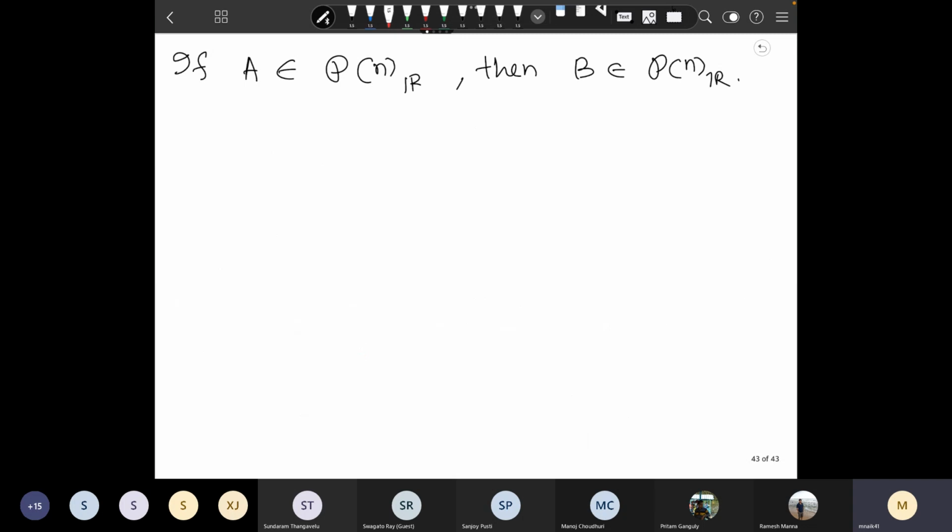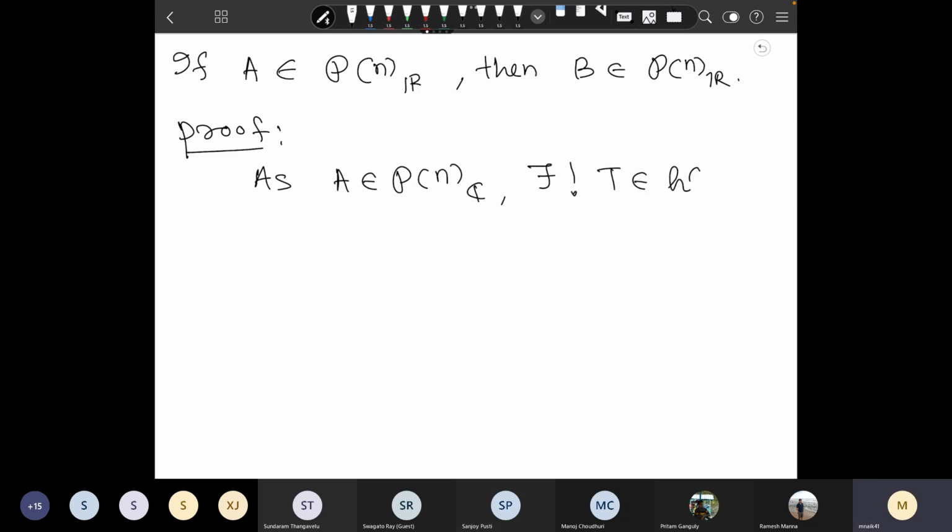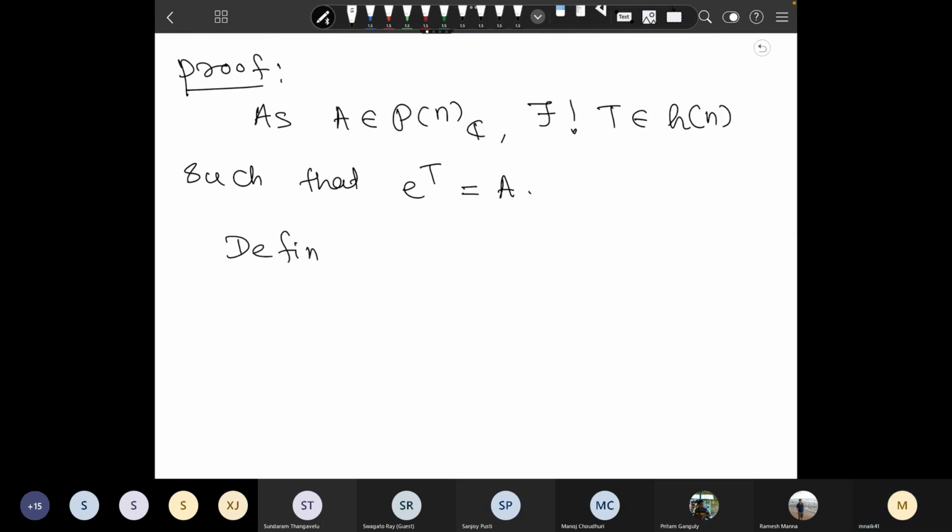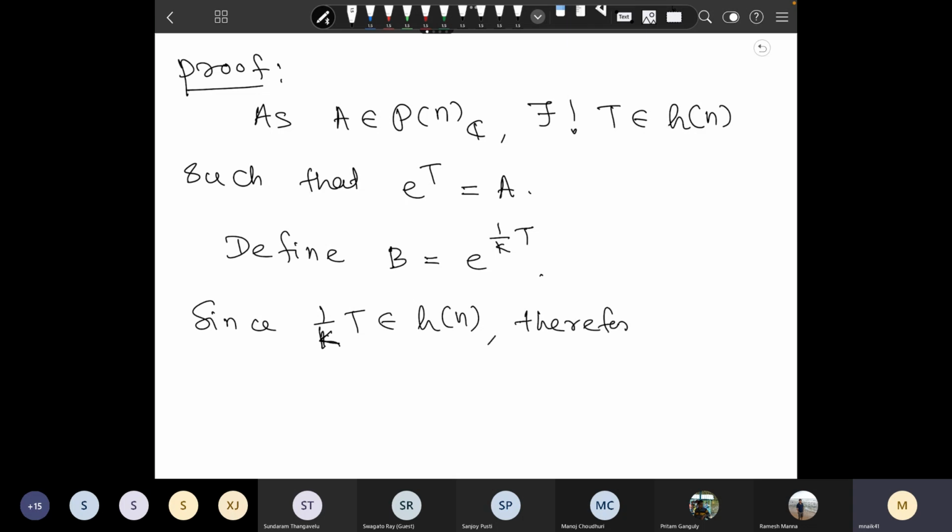Okay, so the proof is very simple. As A belongs to P_n(C), there exists a unique T belonging to H_n so that e to the power T is equal to A. I will define B equal to e to the power (1/k)T. Since (1/k)T belongs to H_n, and we have seen that the exponential maps H_n to P_n(C), therefore B belongs to P_n(C).